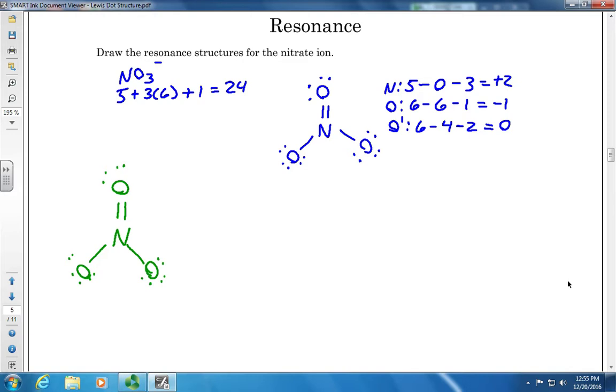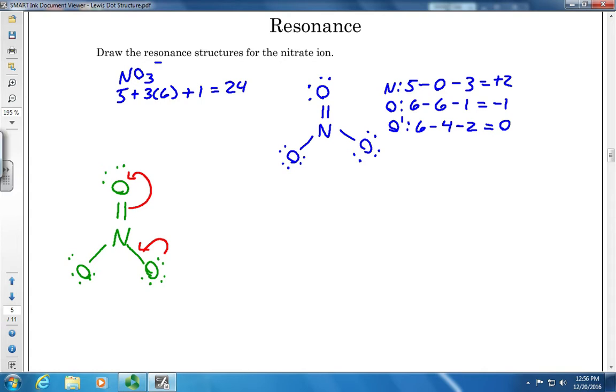Whenever you're drawing resonance structures, you're going to use arrows to show the movement of electrons, and only electrons. You don't ever want to use arrows to show the movement of entire atoms. So what's happening here is that these two electrons come up here and drop in, while simultaneously these two electrons drop down to form a new double bond.